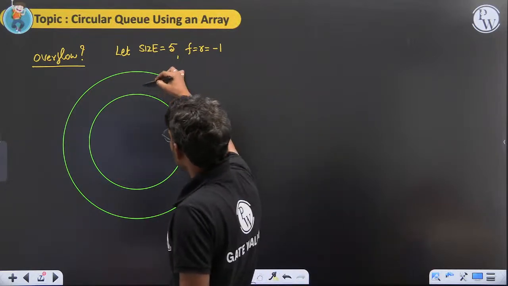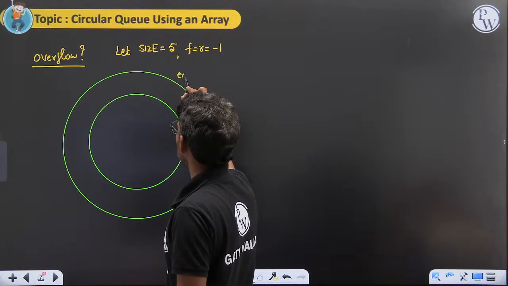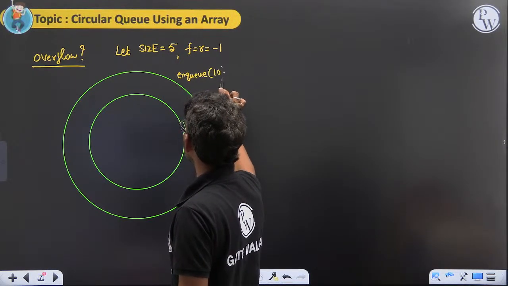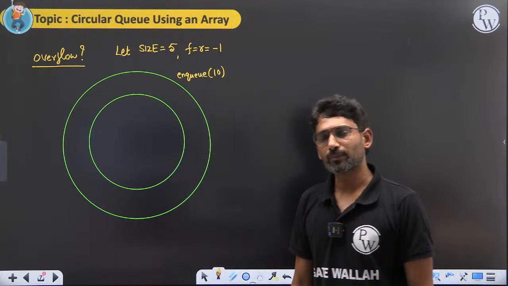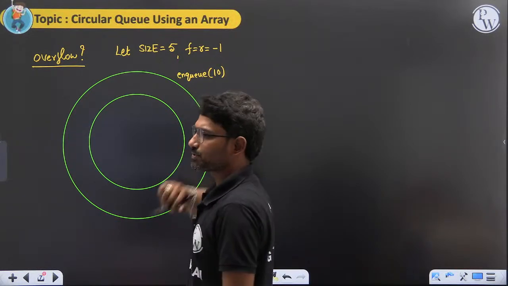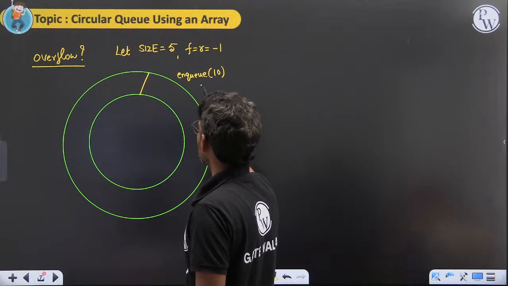Now I would like to enqueue 10. From which end do we enqueue? From the rear end we enqueue, but rear is at -1. So you increment rear, but how?